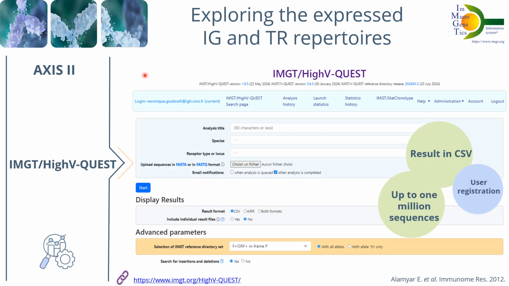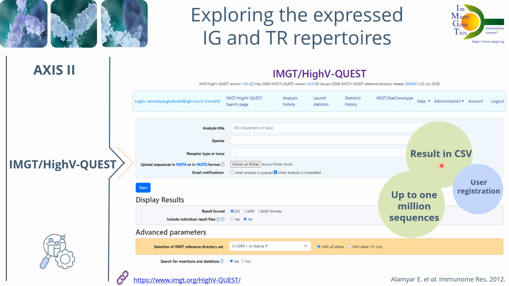This slide presents the interface of IMGT HighV-QUEST, which is, as we said, the high throughput version of VQuest. Therefore, up to 1 million sequences can be analyzed. This interface is the only interface that requests user registration.